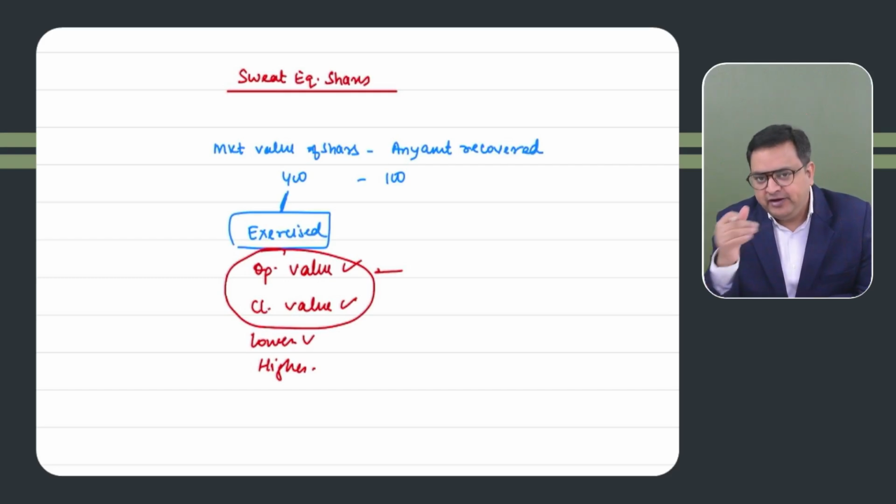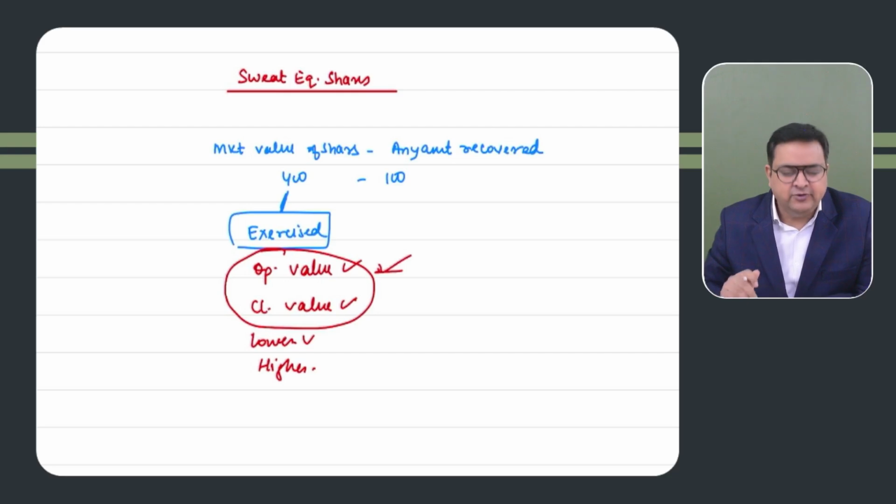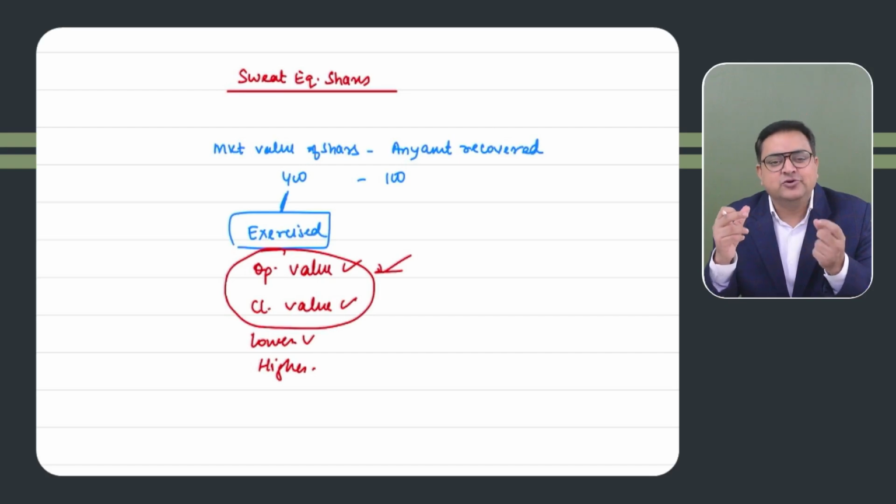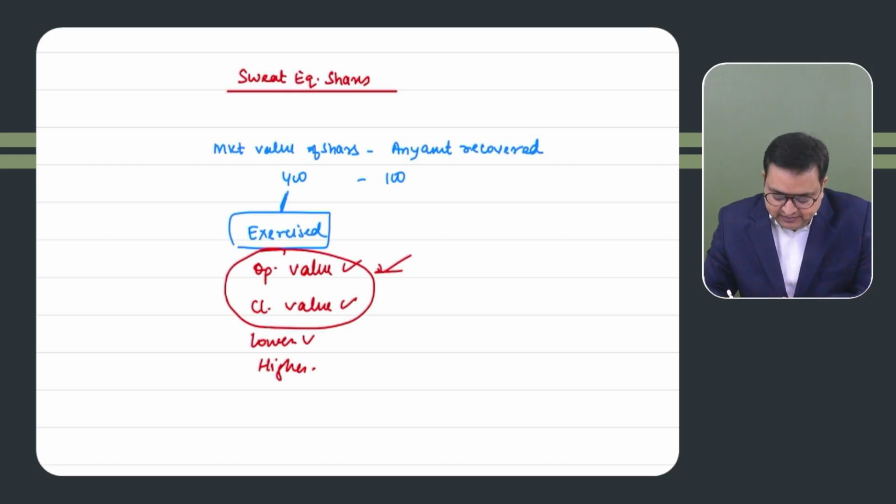Otherwise, in 90% of the cases, they will give you just the exercise date value. But still, if the question paper is a little bit difficult, they might give you different values of the exercise date. Here you have to take only the average of opening and closing. So please remember: market value of the share on the exercise date, and take the average of opening and closing.